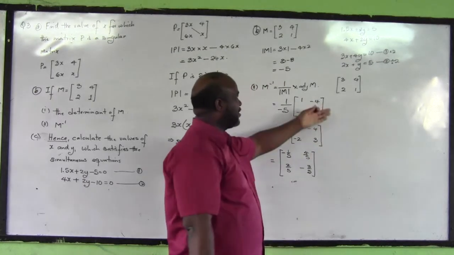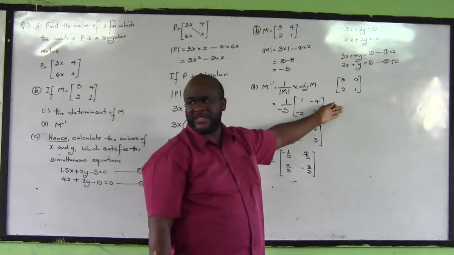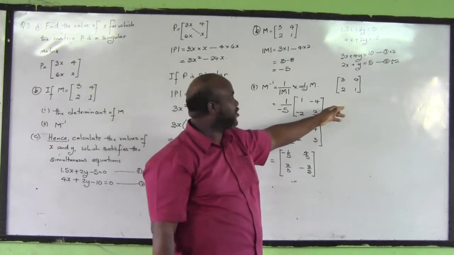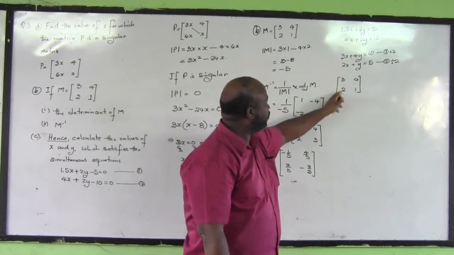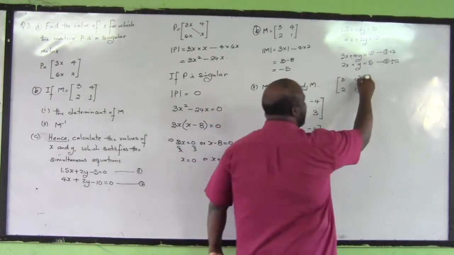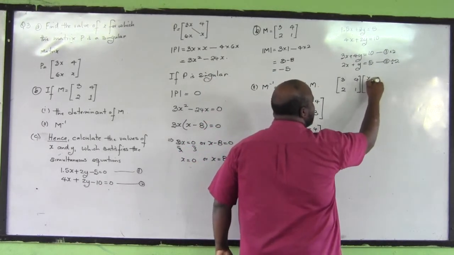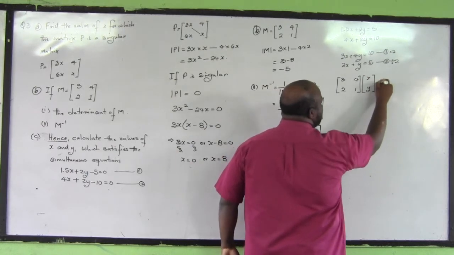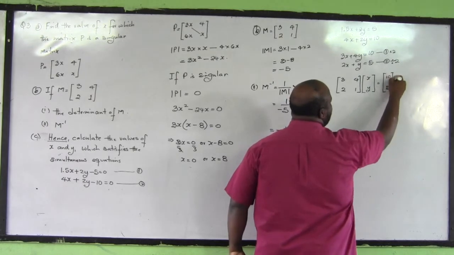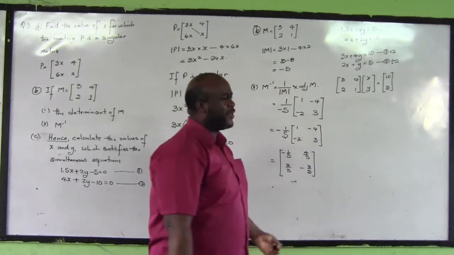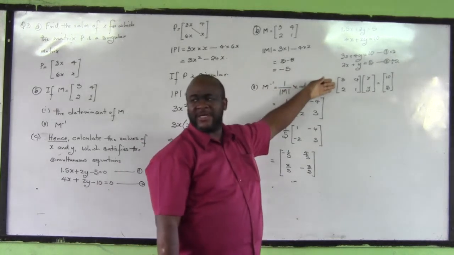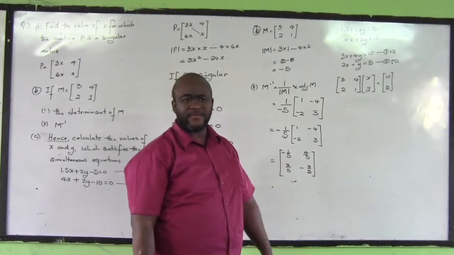So all I did to make up this matrix, I simply took the coefficients of x and y to make up this matrix. 3, 2, 4, and 1. Multiply by x, y is equal to, over here we have 10 and we have 5. All I simply did was represent the simultaneous equation as a matrix equation.